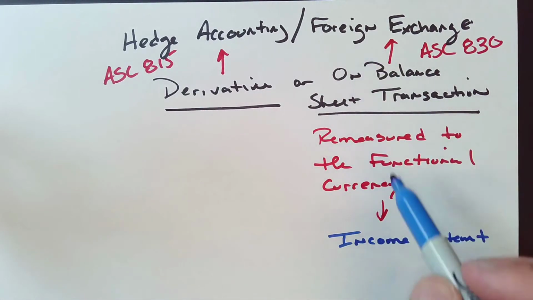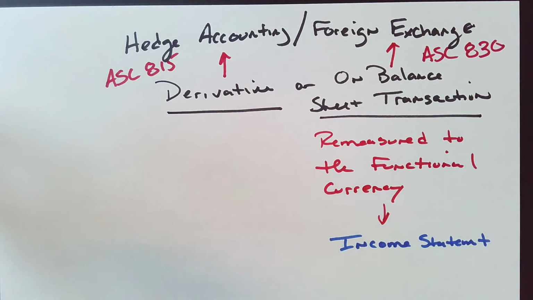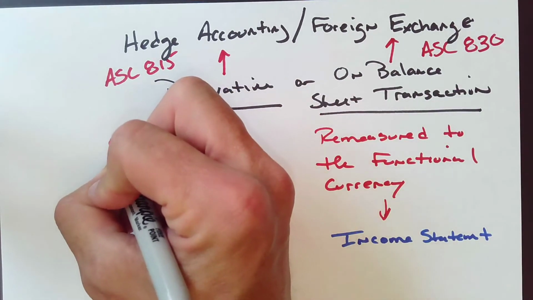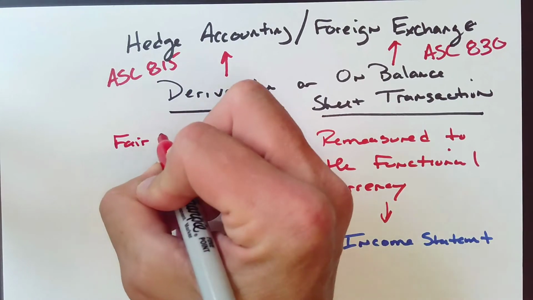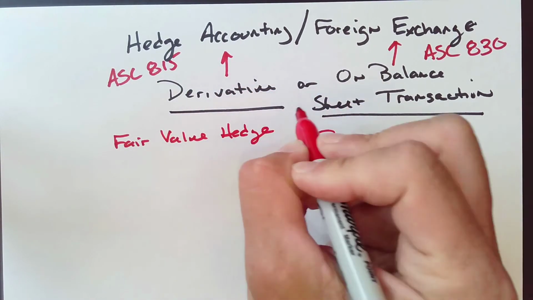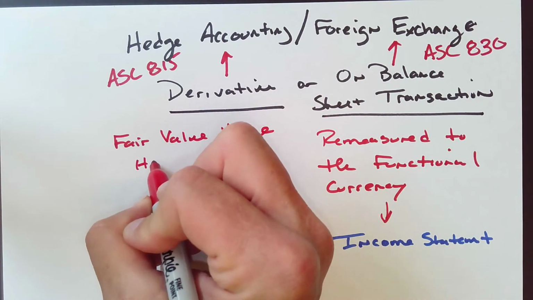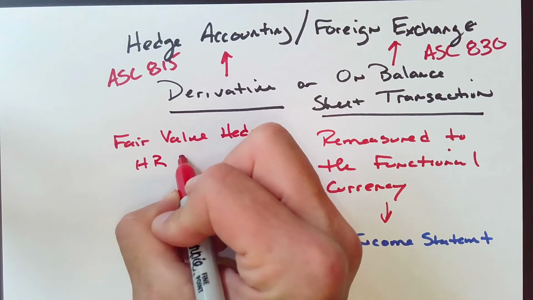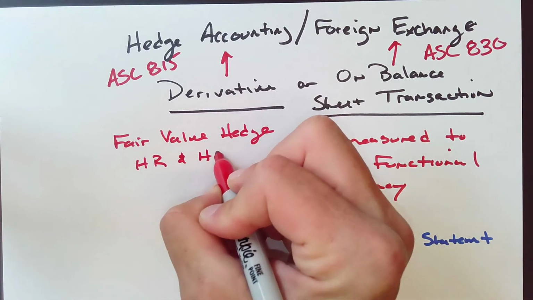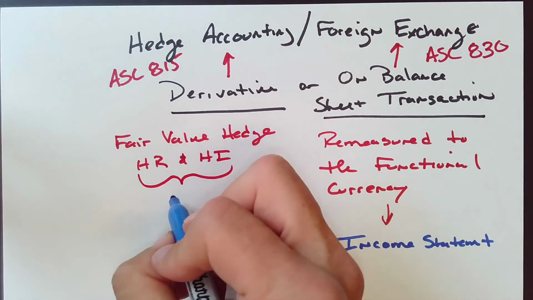The interesting thing here, so if it's a fair value, we'll just kind of put these down. If it's a fair value hedge, the hedged item or hedged risk and the hedging instrument both go to the income statement.